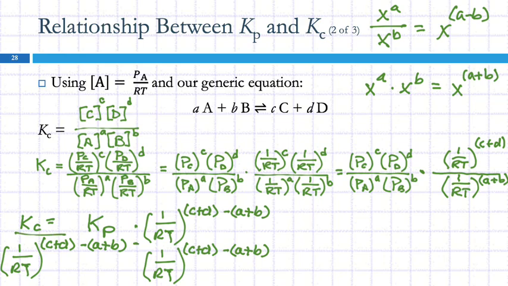It's kind of big, right? A big mess. So those messes cancel out, right? So here I have a fraction in the denominator. I have 1 over RT.